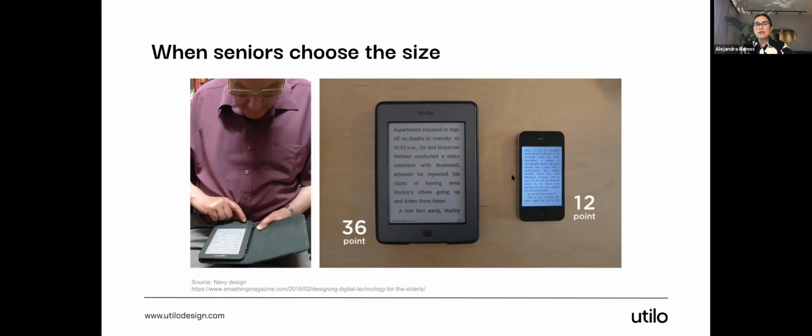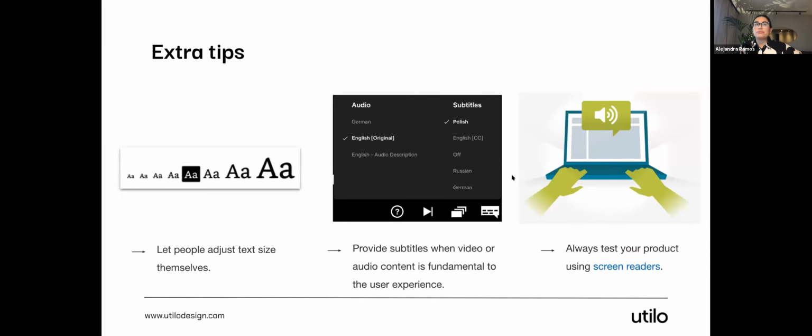So you can see, of course, every senior has different eyesight needs, but if it's possible to let them adjust the text, that would be better. So just some extra tips: let people adjust the text size themselves. If you are providing video or audio, you need subtitles, and test your product using screen readers.